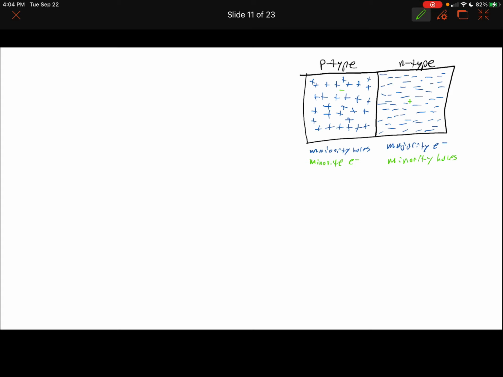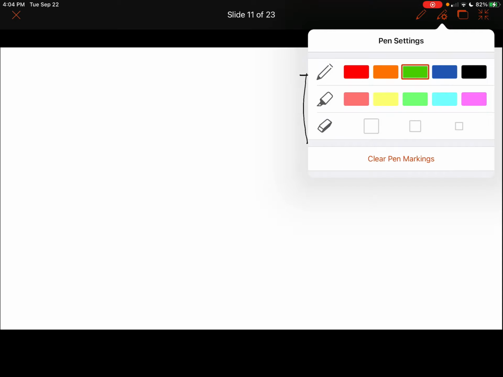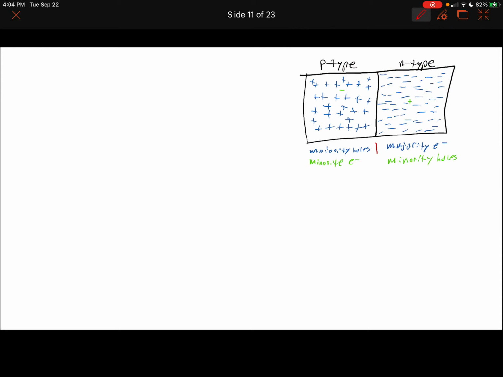So there are some electrons in the p-type side, and there are some holes in the n-type side. There just aren't very many. There's very, very few, but there are some. Now this location, where they come together, we call the junction. Sometimes they call it the metallurgical junction. That means the material junction.